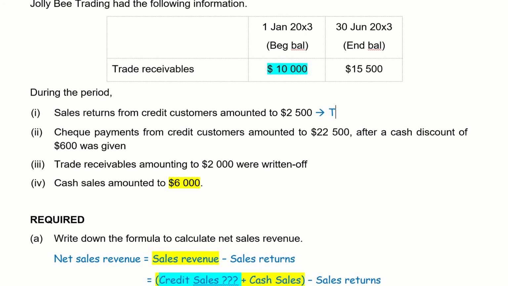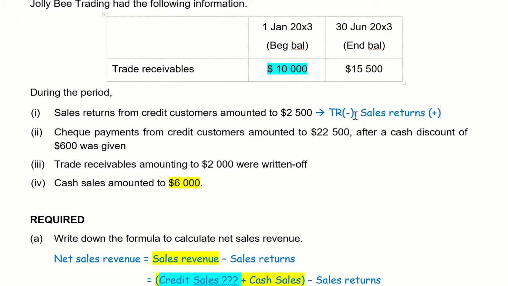Usually you will record trade receivables minus, because now that your customer has given you back some inventory, they actually don't need to pay you so much. So trade receivables minus, and the other account affected is sales returns plus.